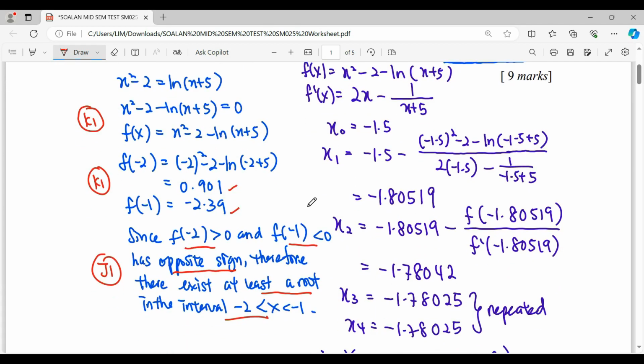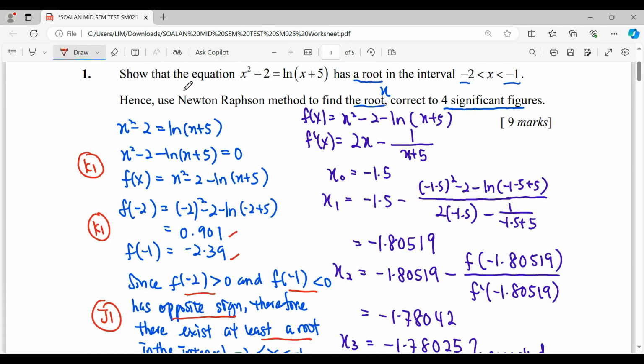Then for the second part, when the Newton-Raphson method comes in, it needs your differential equation. From here we need to see how you differentiate it and whether all the differential terms are correct. After that, when you start with the Newton-Raphson method, you need the initial value.